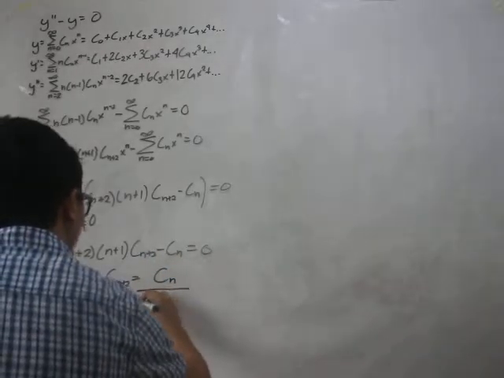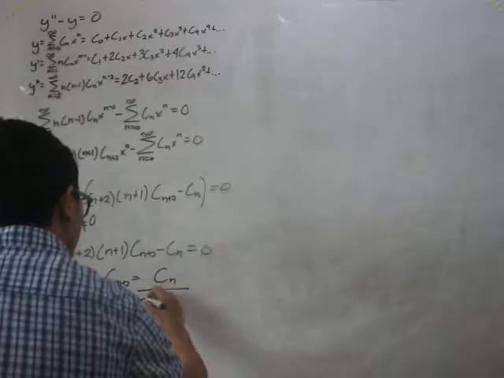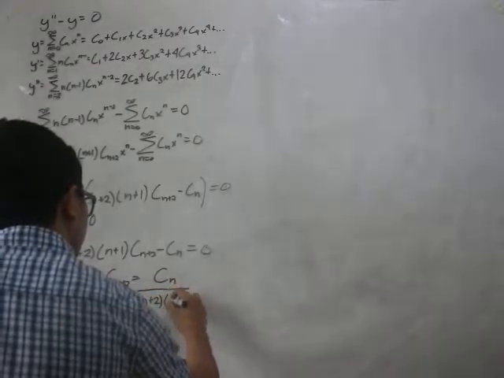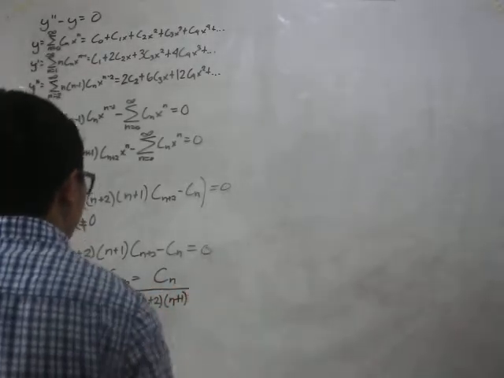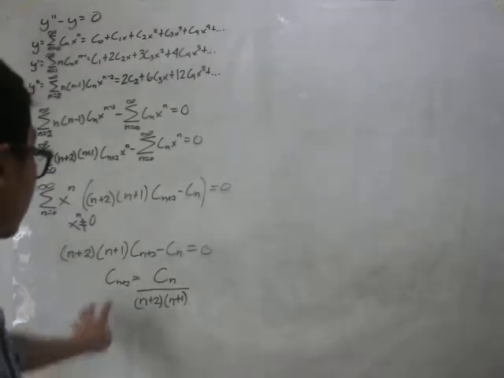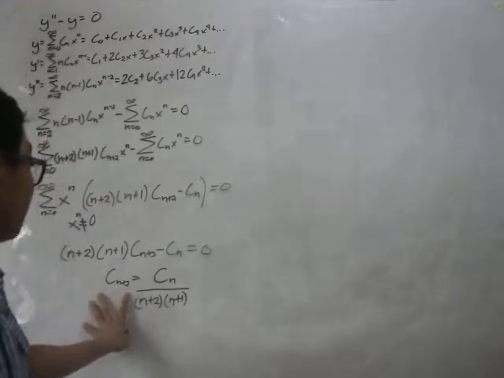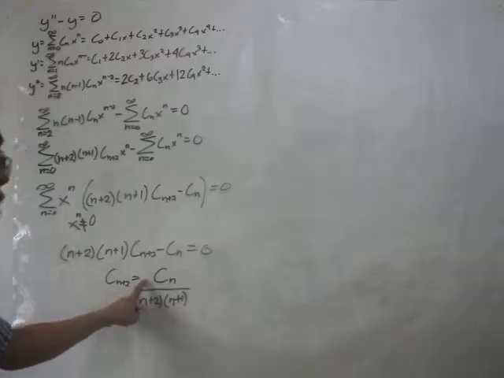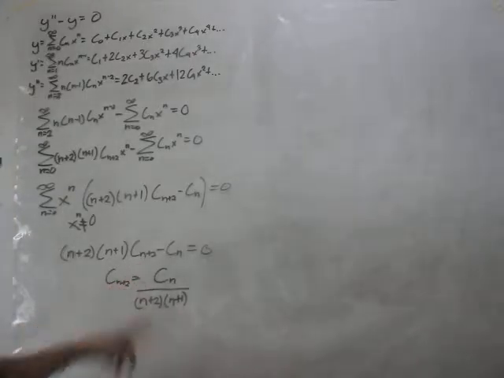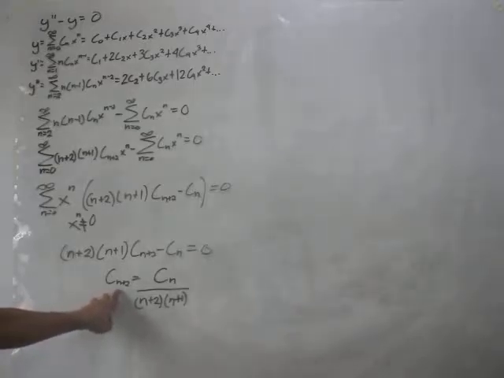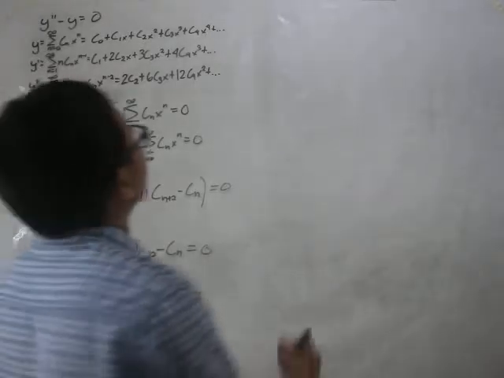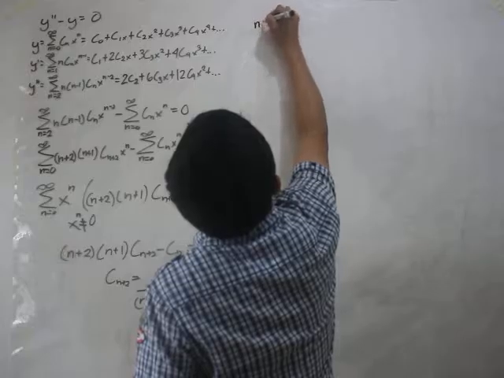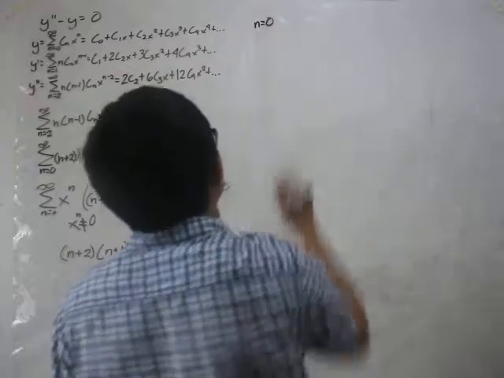So what's the difference from the first DE that we made is our recursion relation is now positive. So now we will find the multiple numbers of n, starting again with n equal to 0.